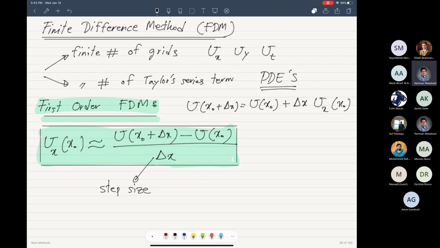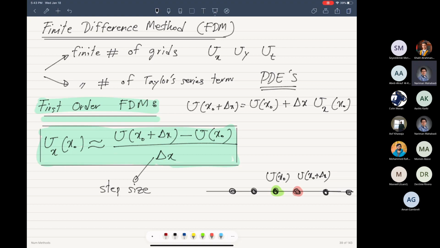So let's say this is a one-dimensional system, and these are your points or grids to approximate your unknown function. Let's say this point right here is your initial condition. So this is known. You can use the next point, which is u at x naught plus delta x, to find the derivative at x naught.